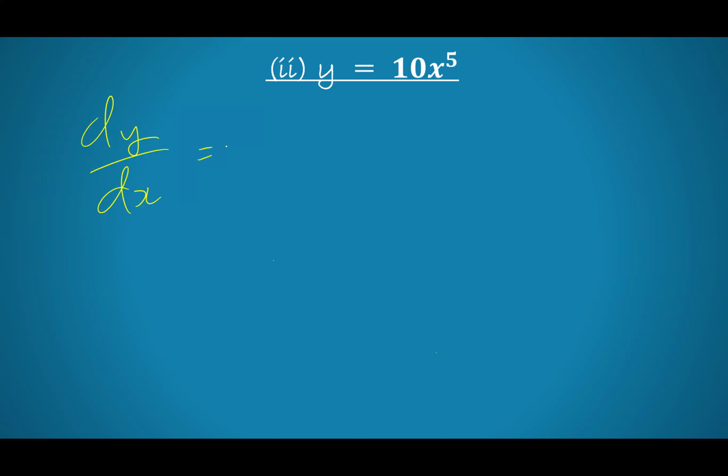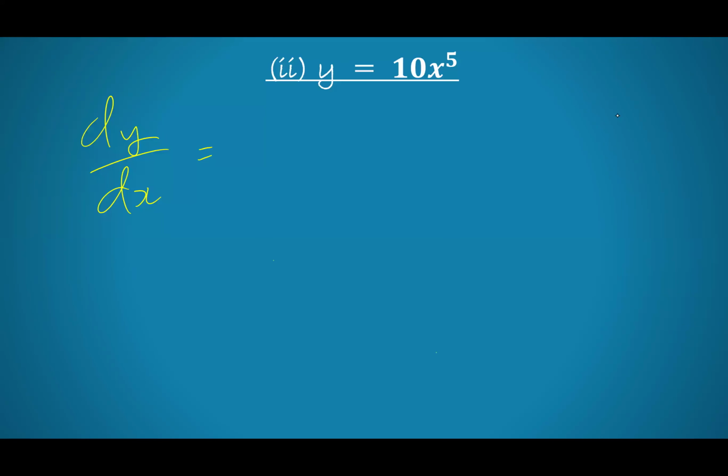If we follow the basic rule, dy/dx would be 50x to the power 4, correct?